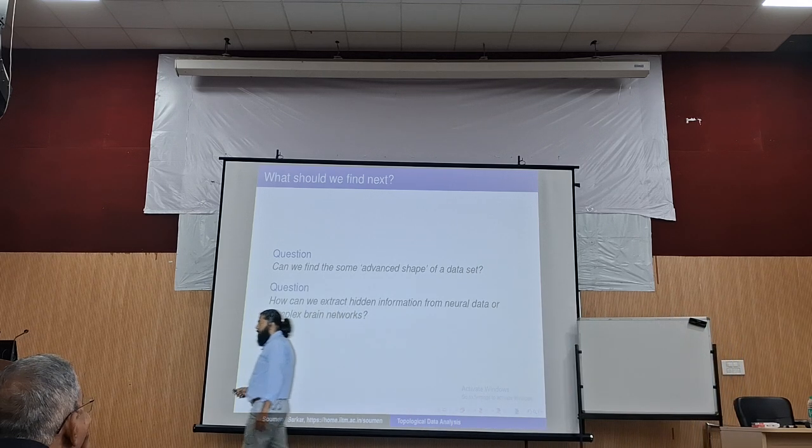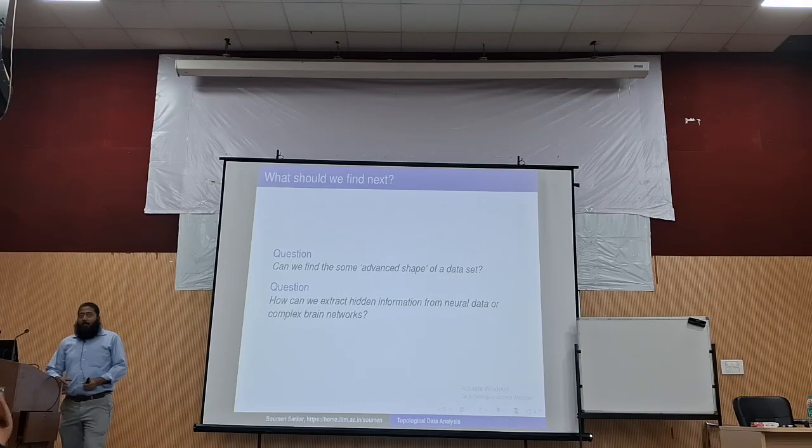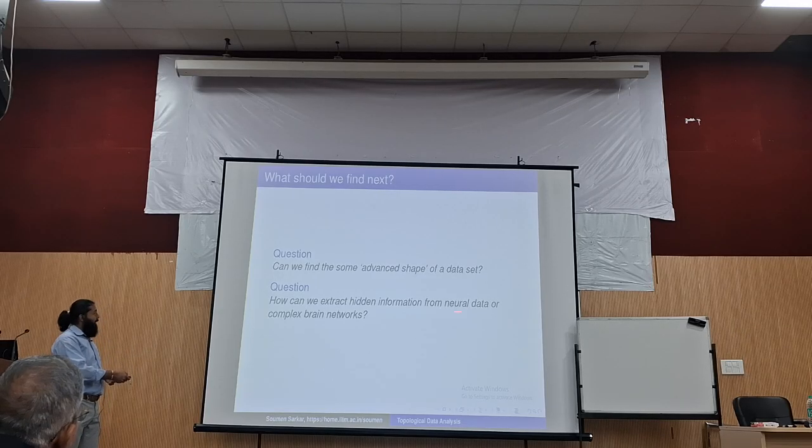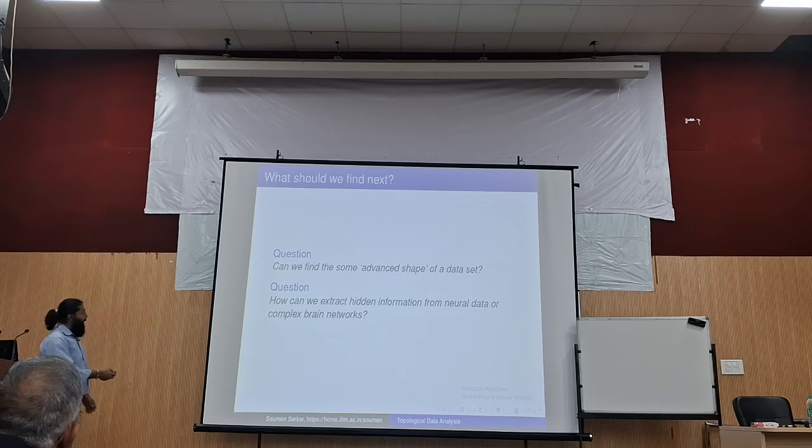Given these data points, whatever information we are getting, can we have more information from that? I just put the name neural data because from there we can have many networks. Okay.